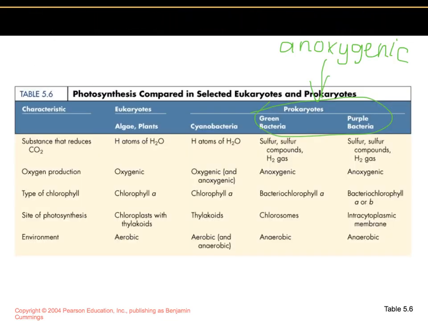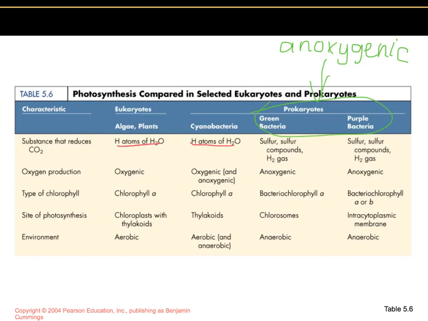This table compares photosynthesis in eukaryotes and prokaryotes. Remember that the green and purple bacteria are anoxygenic, but here you can see the characteristics. So please look over this table, and you can see that the eukaryotes, for example, use hydrogen atoms in H2O to reduce carbon dioxide.